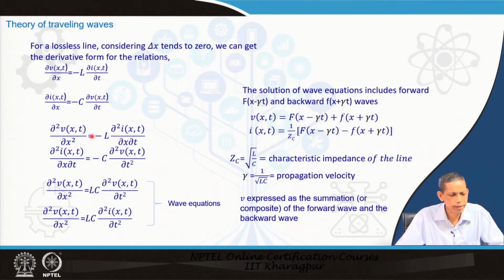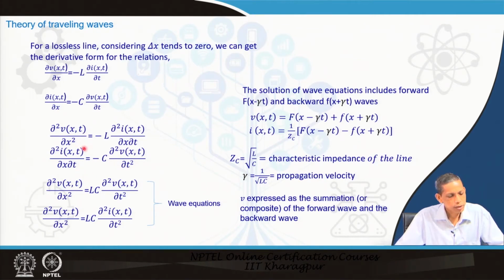Taking the double derivative, these two equations lead to del square V upon del x square equals minus L del square I upon del x del t. So, this leads to del square I upon del x del t equals minus C del square V upon del t square.